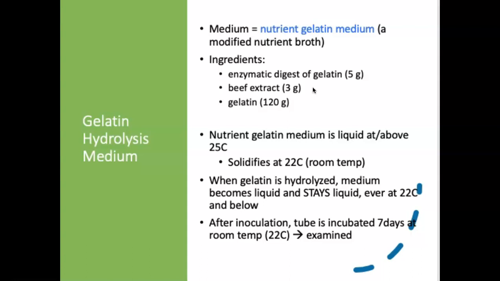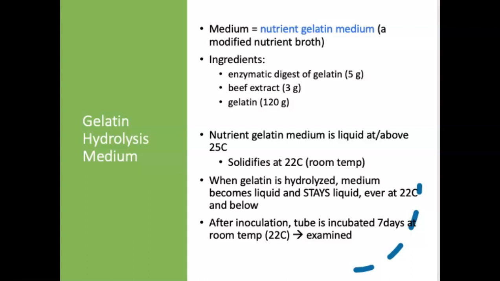Now, the other thing that makes this medium quite interesting is the fact that gelatin is actually a liquid above a temperature of about 25 degrees Celsius. If you're not familiar, room temperature is right around 22 degrees Celsius. So gelatin is going to liquefy at a relatively low temperature.